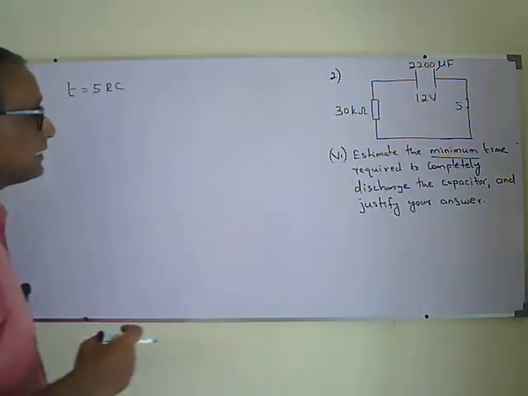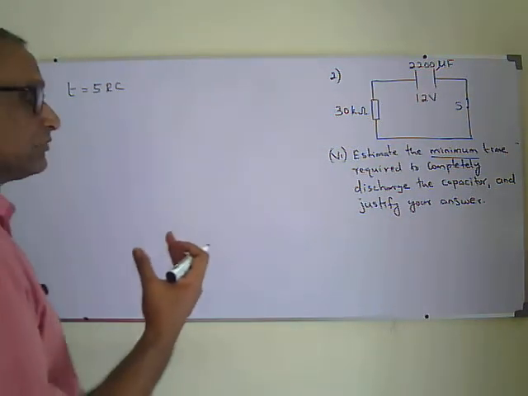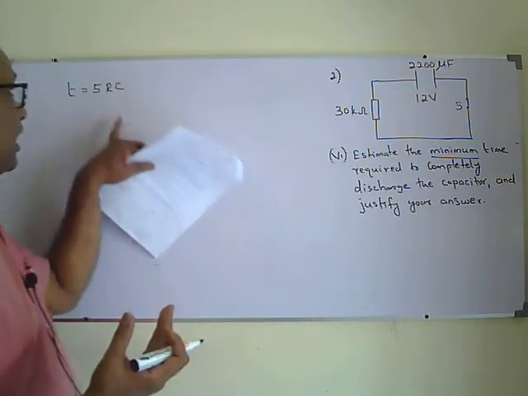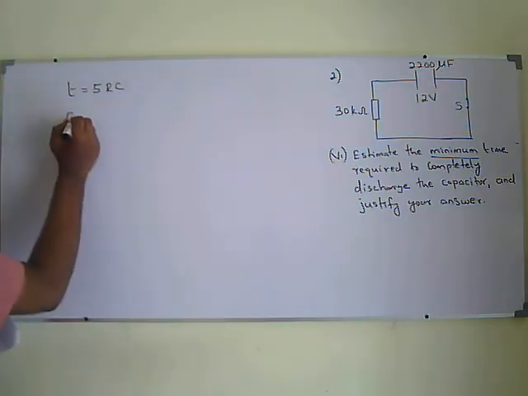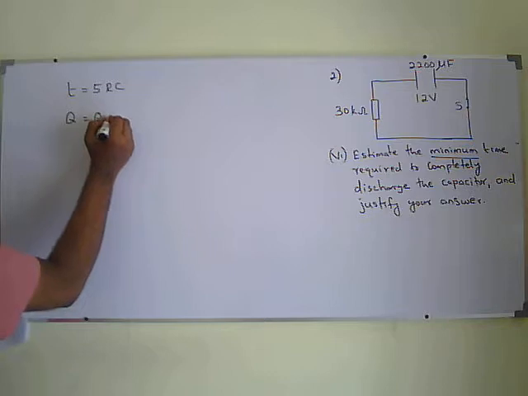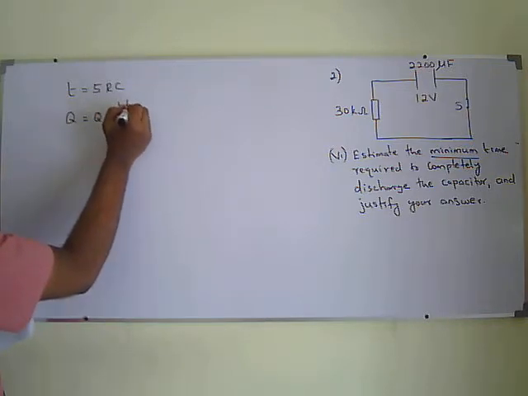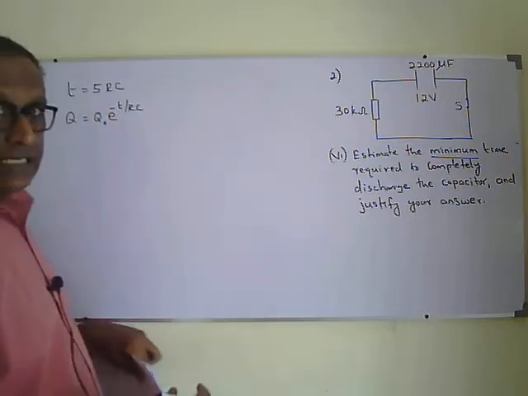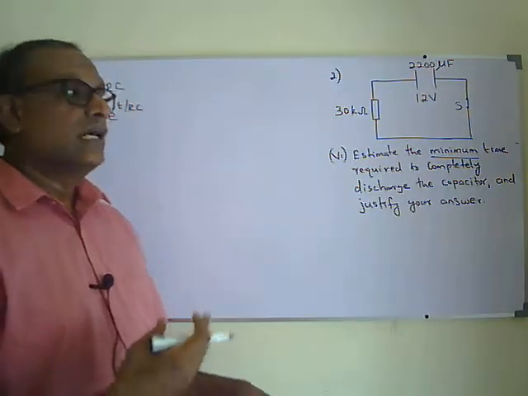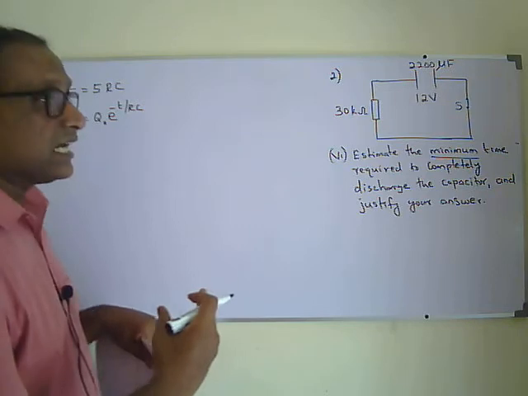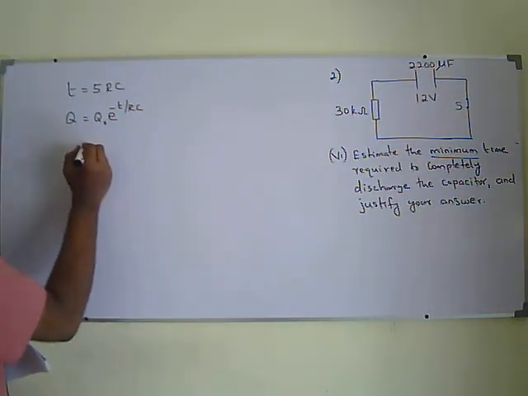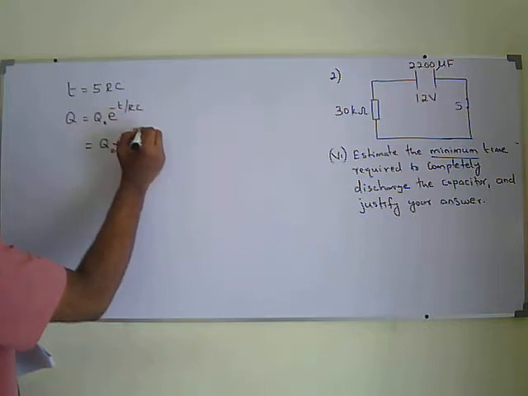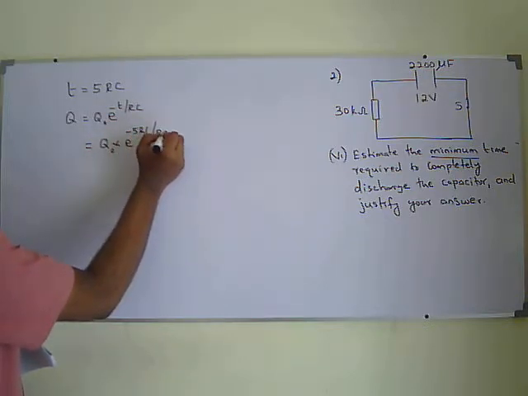Now I can check how much charge will remain in the capacitor at the end of 5 RC. We'll see that Q equals Q naught e to the power minus t over RC. So when 5 times the RC has elapsed, that's the time duration of discharge, the charge remaining will be Q naught into e to the power minus 5RC over RC.